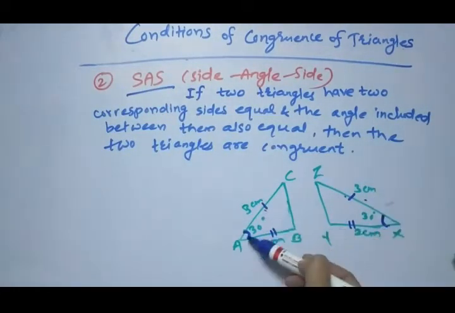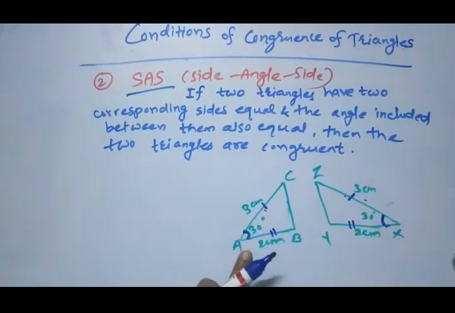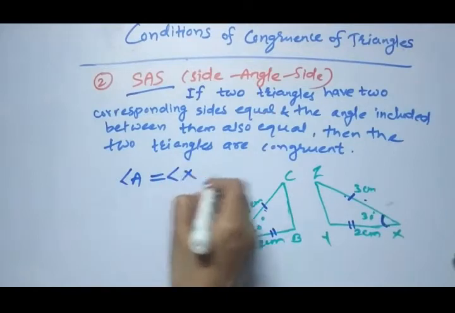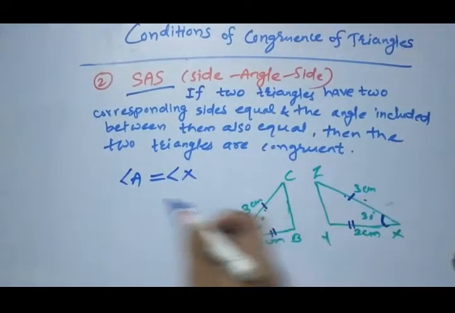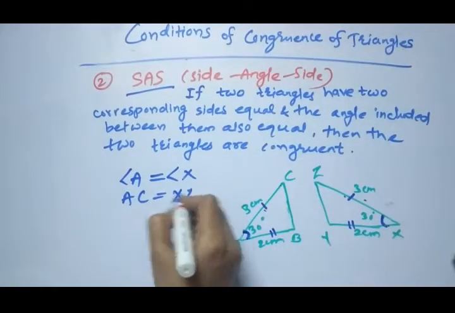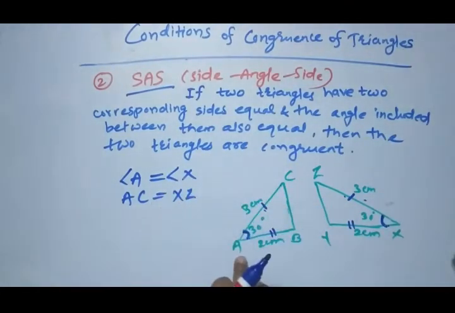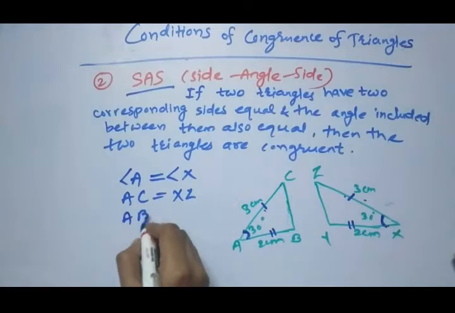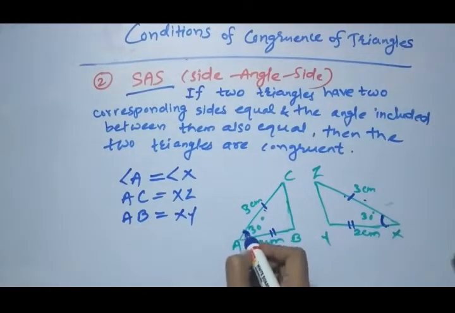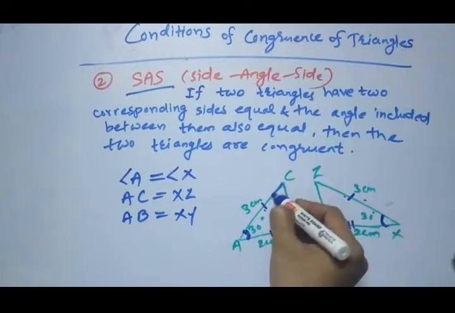Here you can see that this angle A is equal to this angle X, and this side AC is equal to this side XZ because both are 3 centimeter, and this side AB is equal to this side XY. So what we are seeing, one angle is included between these two equal sides.